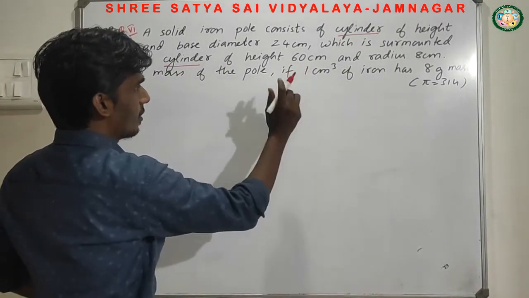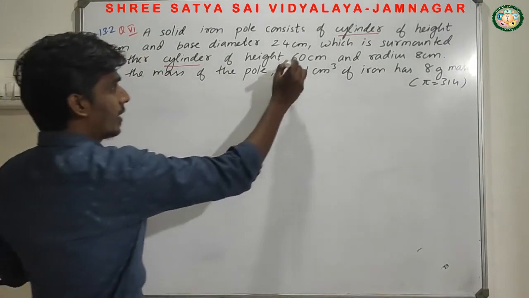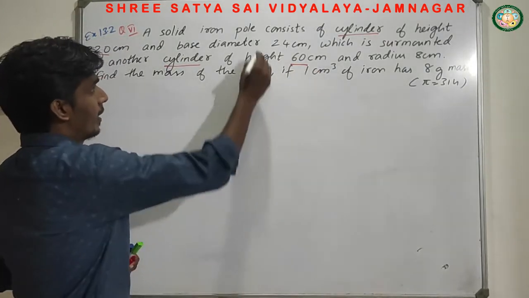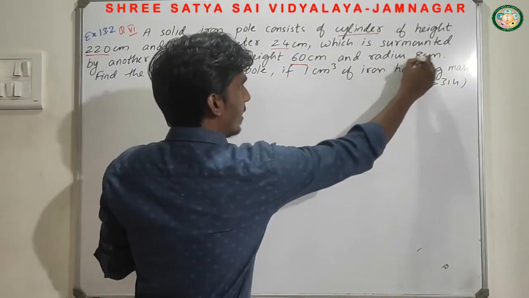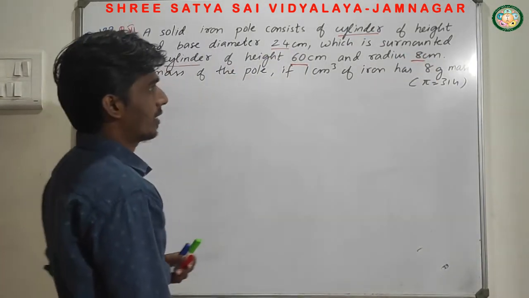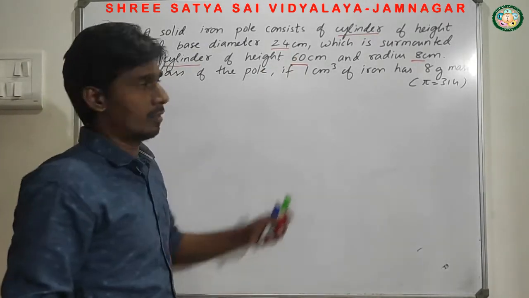So one cylinder is on top of another. Here height is 220 and here it is 60. Here diameter is 24, so radius is 12, and here radius is 8. So the bottom cylinder is much larger than the upper one.